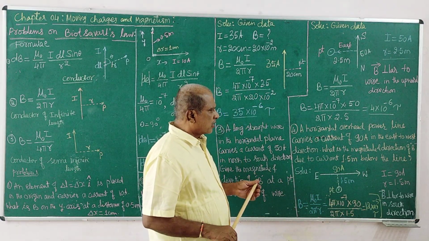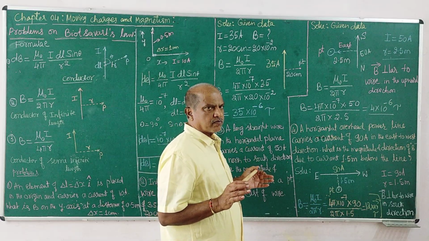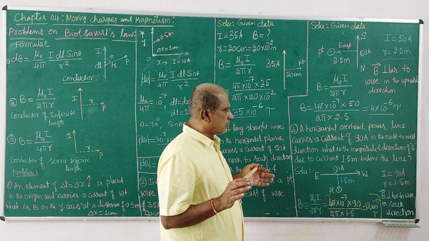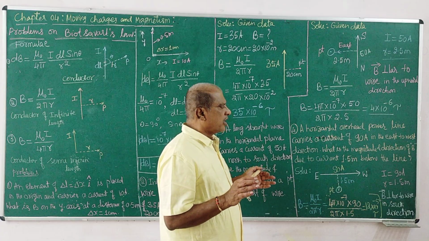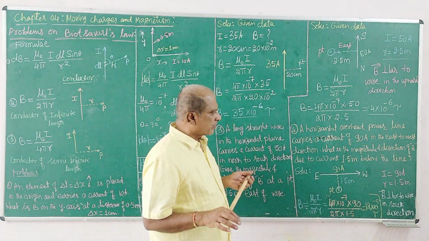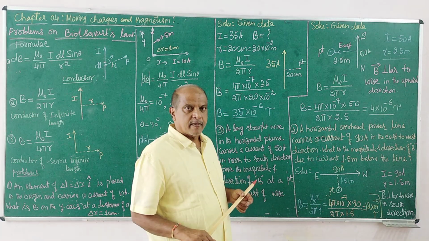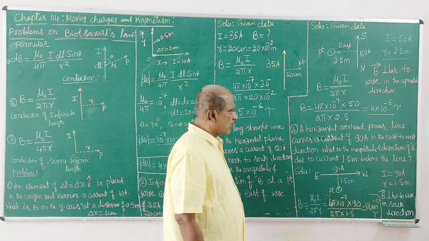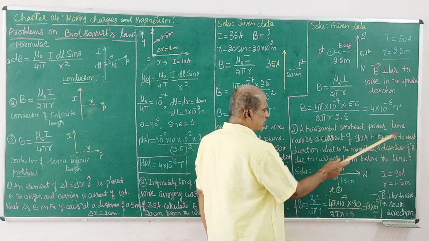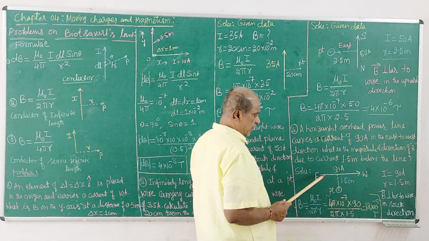Let us go for a pictorial representation of the data. When you put it in a proper way, we can understand the problem clearly and it is easier to solve, as well as to find the direction of the magnetic field. He said east to west, so the conductor is east to west. That is the power line.